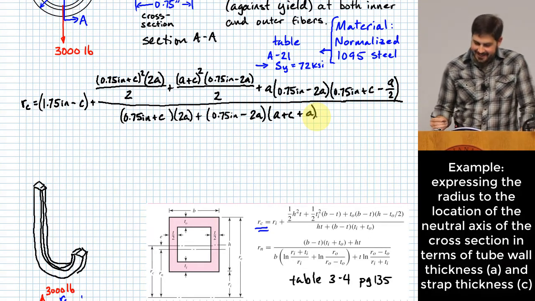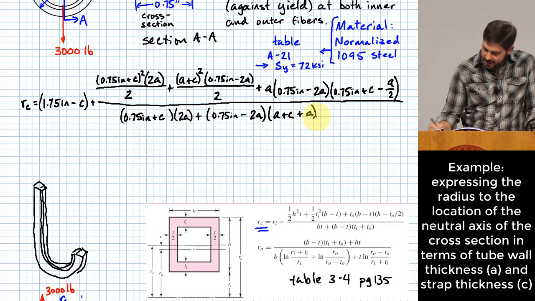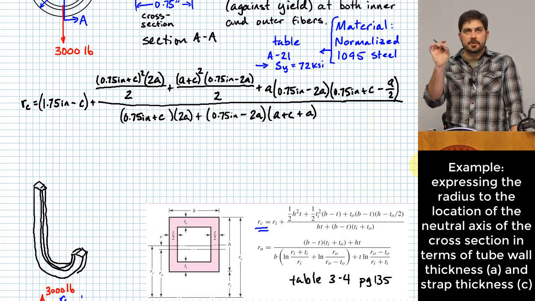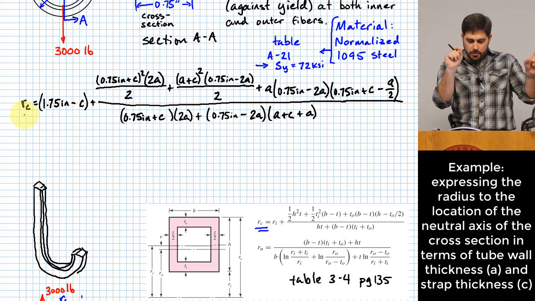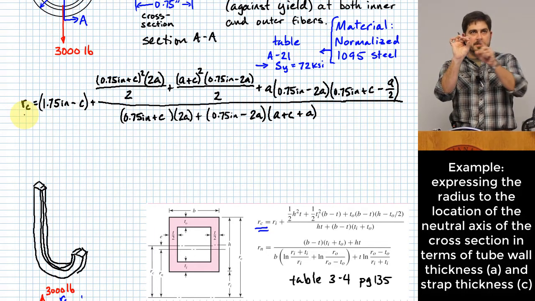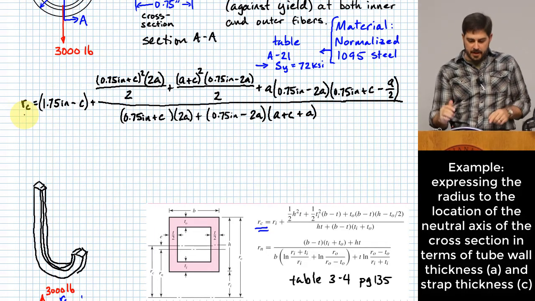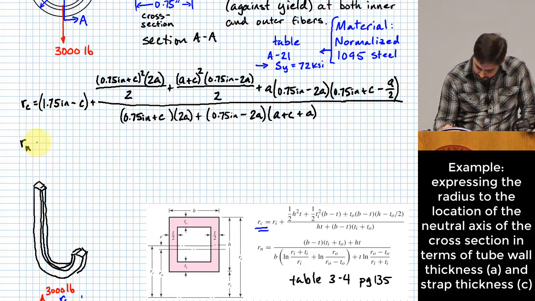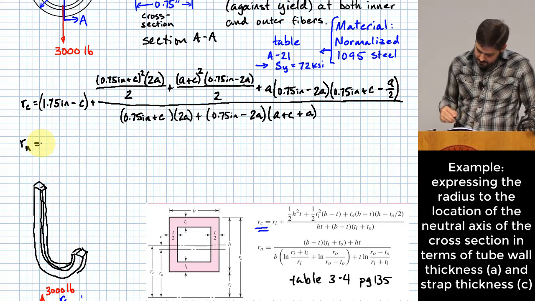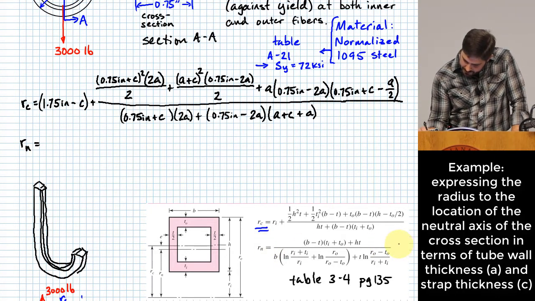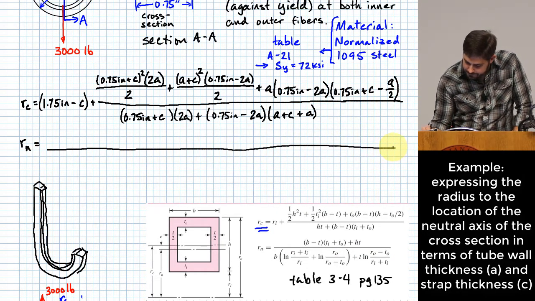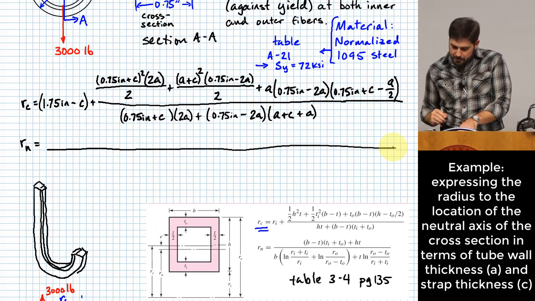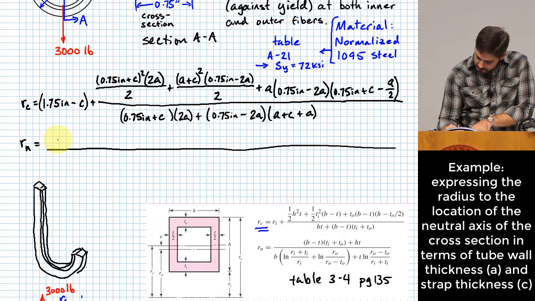All right, so let's go on and figure out the radius from the center of curvature. Instead of finding RC, the radius to the centroid, this time we're going to take the radius to the neutral axis. That's labeled R sub n, and it is given with a big old fraction again. In the numerator of the big old fraction is B, which is again 0.75 inches.